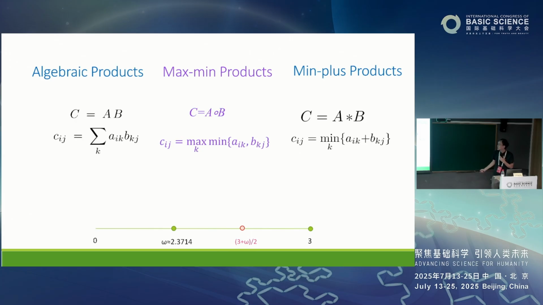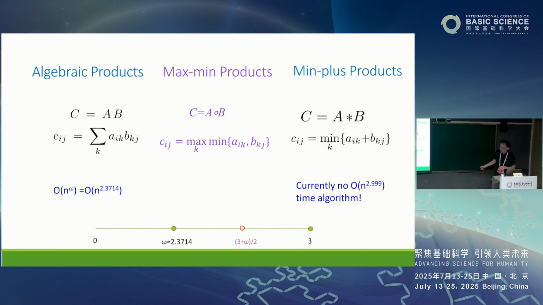So we know that the original matrix multiplication has n to the omega. But for the max-min product, we now have an algorithm like n to the (3 plus omega) over 2, the middle point between omega and 3.